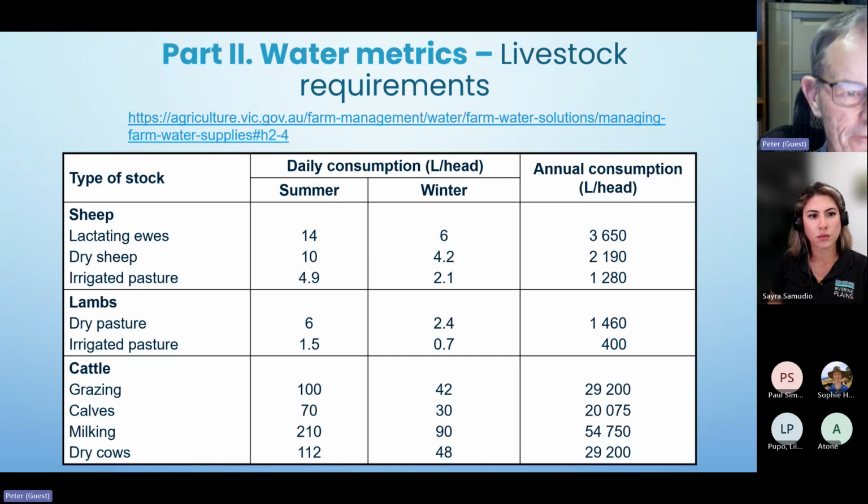In rough figures, cattle require about 10 times as much water as the sheep. Now that varies a lot because animal conditions and breeds all have different requirements. And of course the climate, the particular weather that's happening at any time, is really significant.